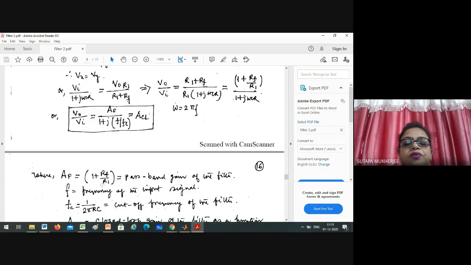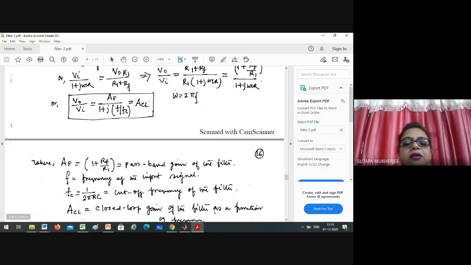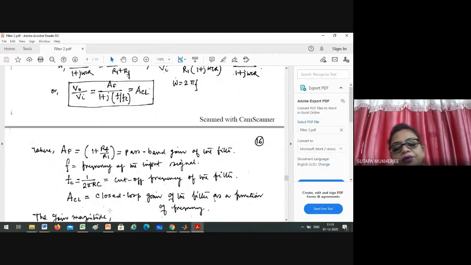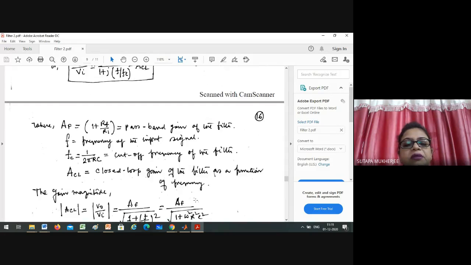AF will be equal to 1 plus Rf by R1, that is pass band gain of the filter, and F equal to frequency of the input signal, fc equal to 1 by 2 pi RC, that is equal to cutoff frequency of the filter, ACL equals to closed loop gain of the filter as a function of frequency. Up to this, এটাকে একটু নোট ডাউন করো, then আমি নেক্সট টাইম আসবো.